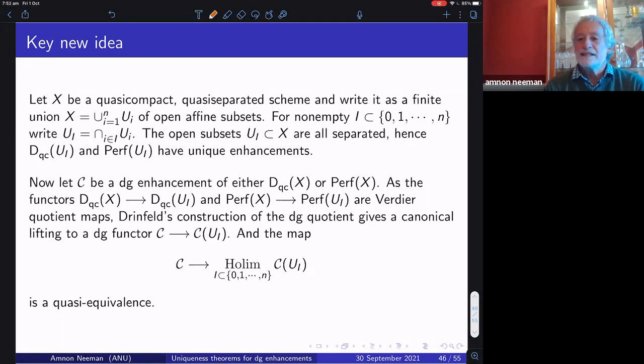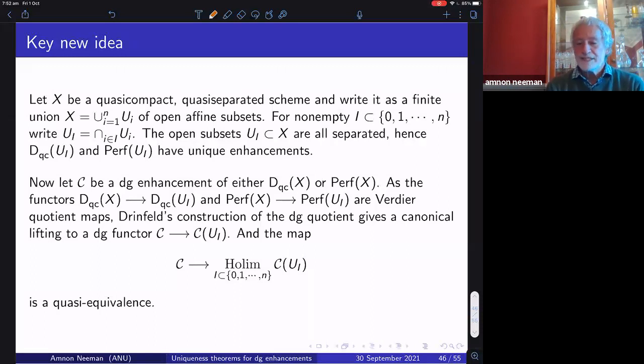And so now the idea is that any DG enhancement of the relevant category of sheaves on X gives a Verdier quotient map to a canonical enhancement, which depends on C, of the relevant category of sheaves on the open subset.